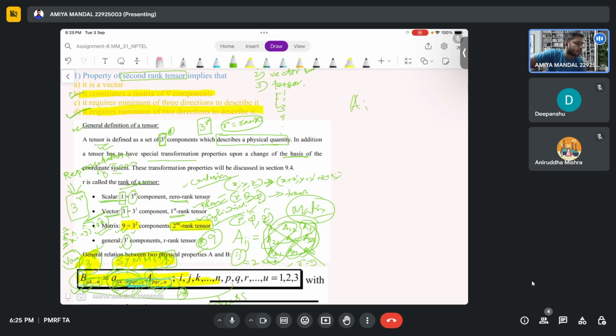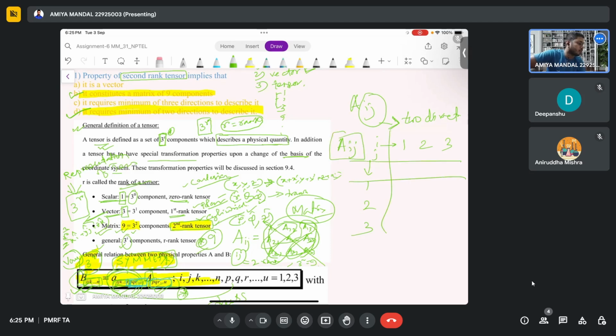A, i, j also signifies 2 directions. i is varying here and j is also varying in this direction, 1, 2, 3. Here 1, 2, 3.